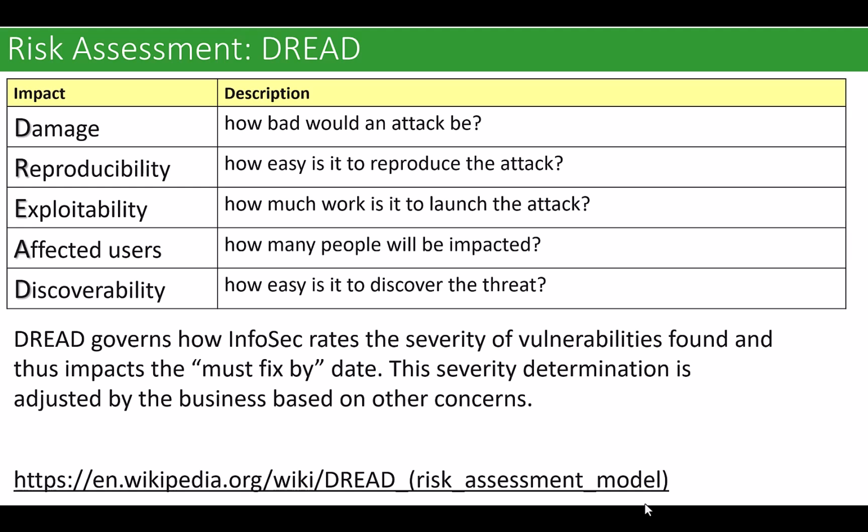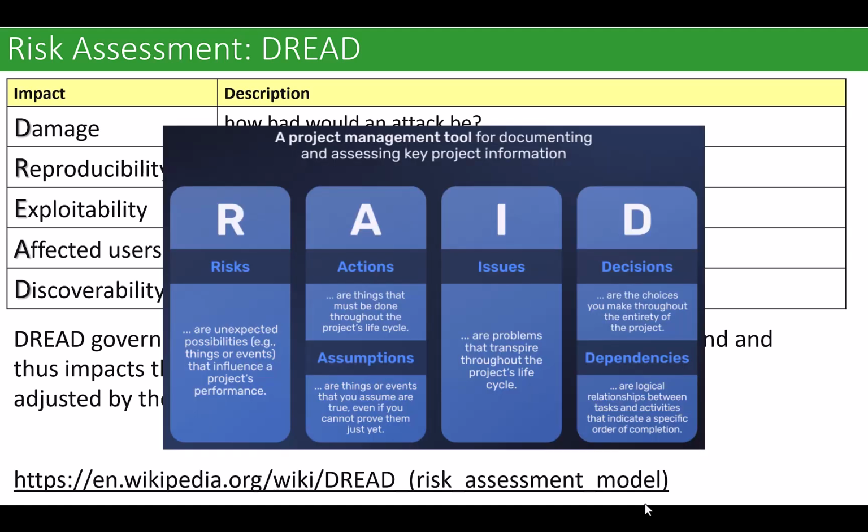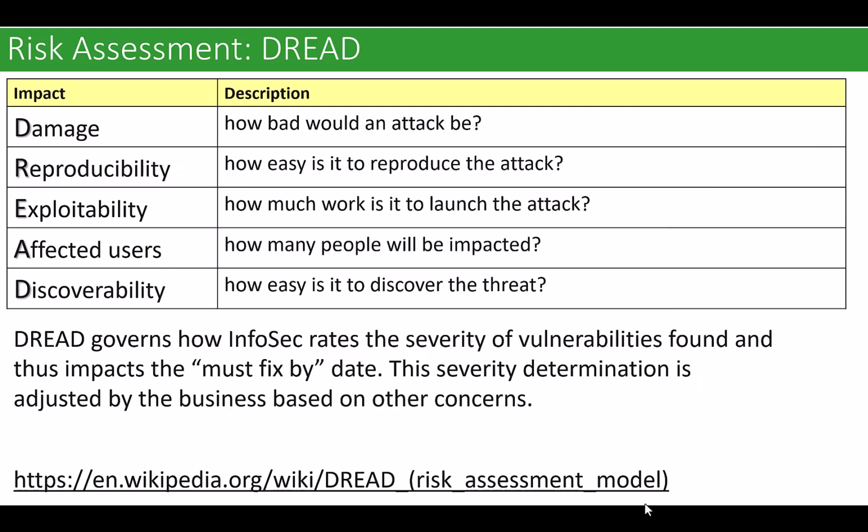We look at the damage, reproducibility, exploitability, affected users, and discoverability of each threat, and we figure out if we can fix them and what the must-fix state is based on the overall potential awful outcome. And then we have to filter that by business, who get to weigh whether or not we want to prioritize that over something else.